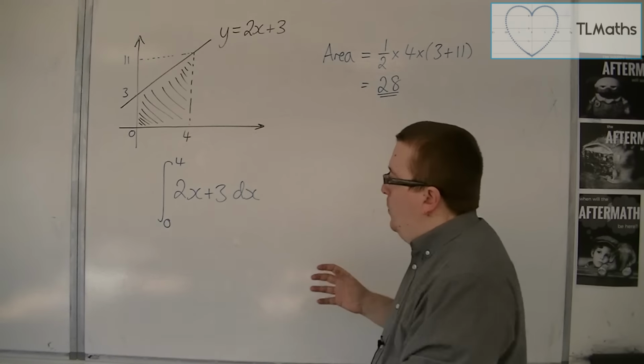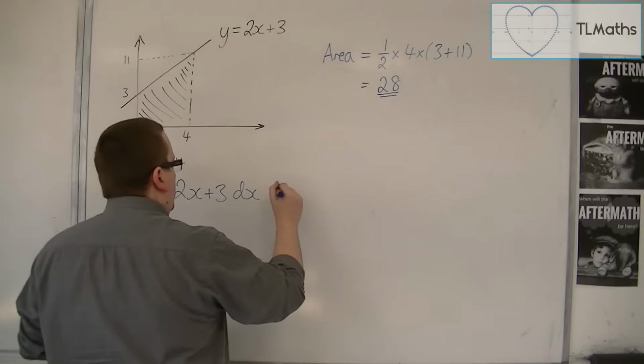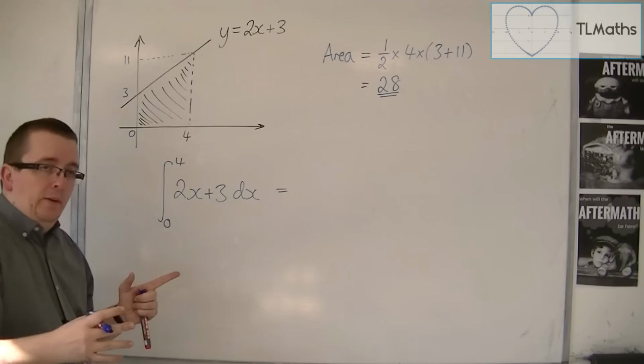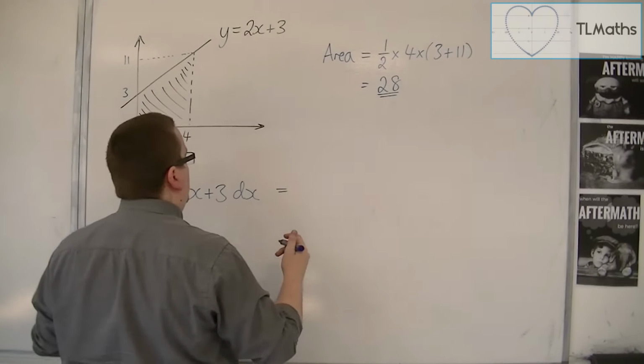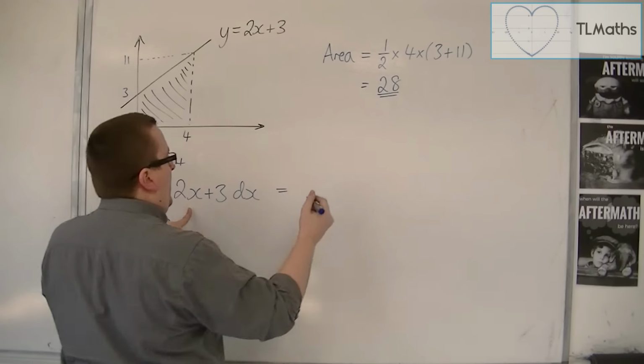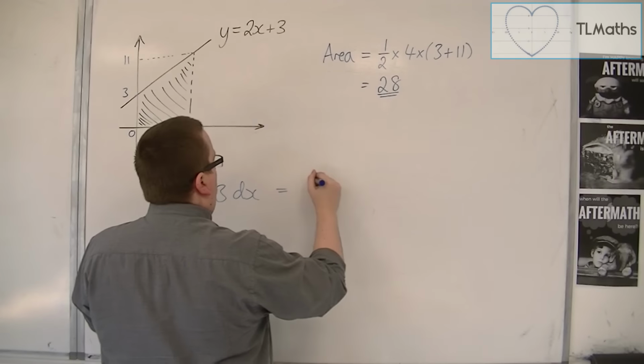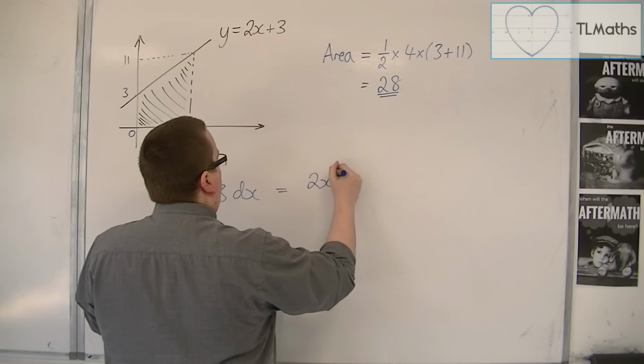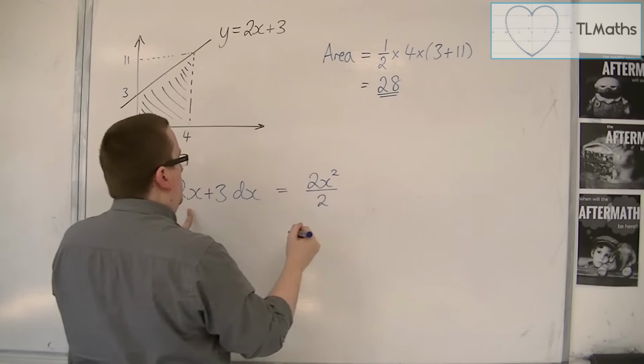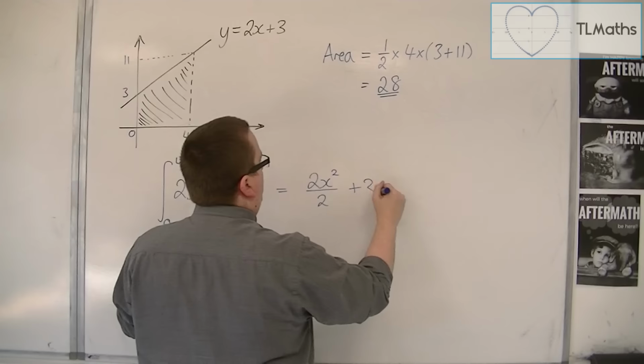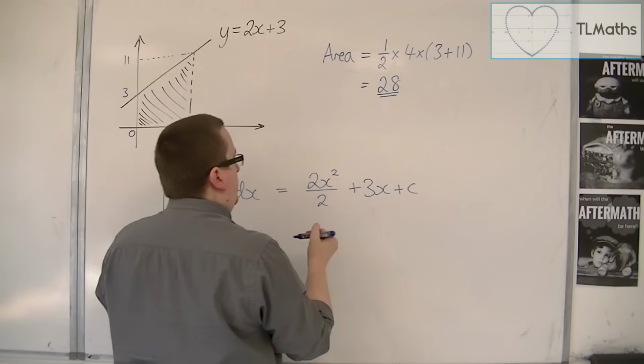So what we then do is we integrate 2x plus 3, obviously, because we've got to integrate it. So we're going to add 1 to the power and divide by the new power. So we're going to have 2x squared divided by 2 plus 3x plus c, okay?